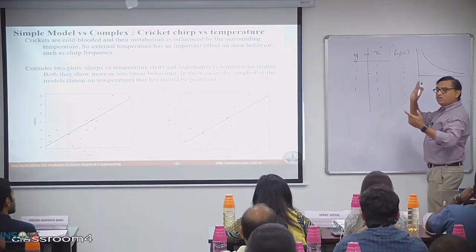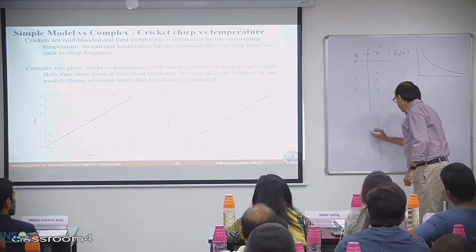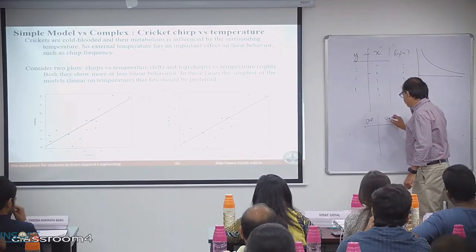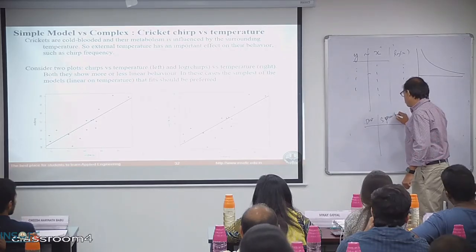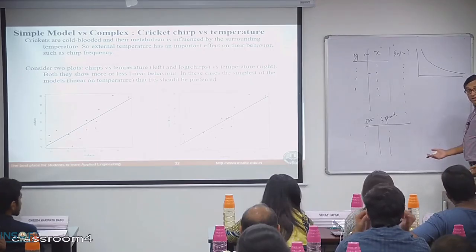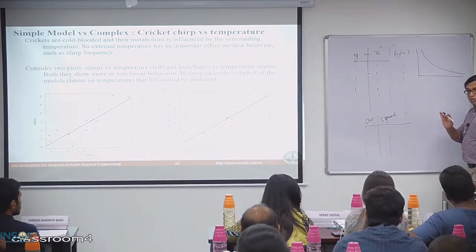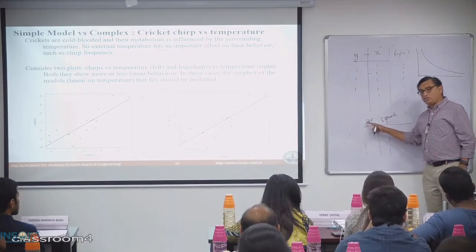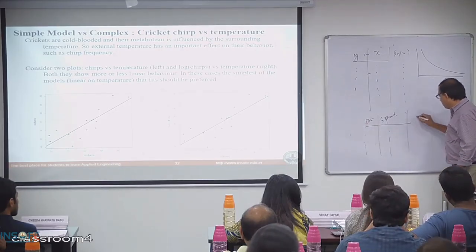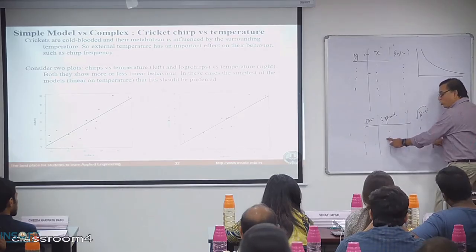So in the previous example, where we did stopping distance versus speed, we said that the appropriate transformation was square root of distance versus speed. So you take the distance values and take the square root of it. Now do a linear fit between these two.